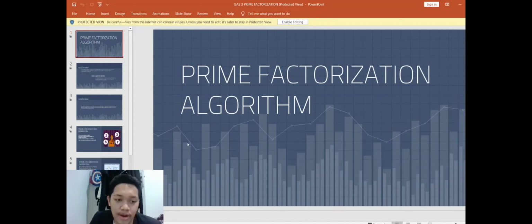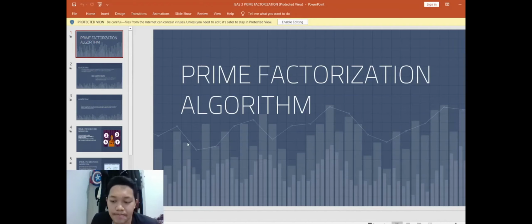What is prime factorization? Prime factorization of a number is all of the prime numbers that multiply to create the original number. It would be pretty difficult to perform prime factorization if we didn't first refresh our memory on prime numbers. With that being said, a prime number is a number that can only be divided by one and itself.